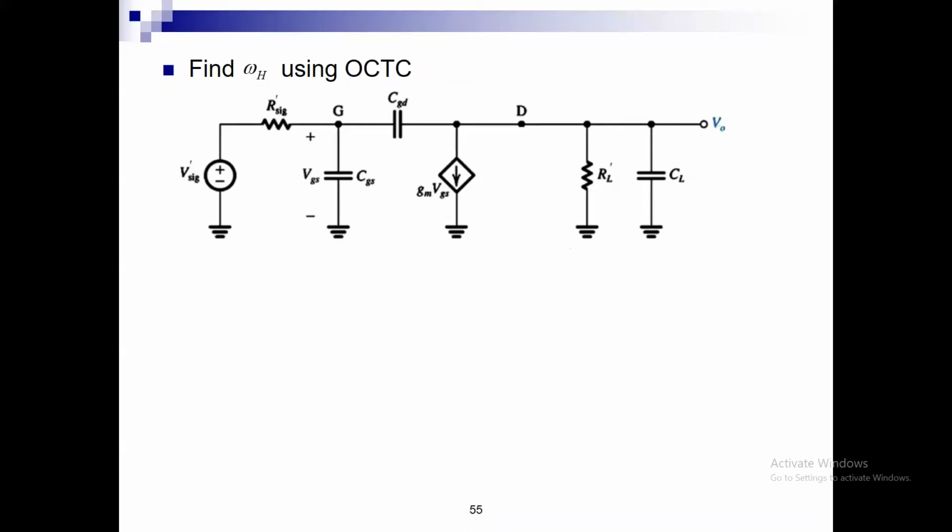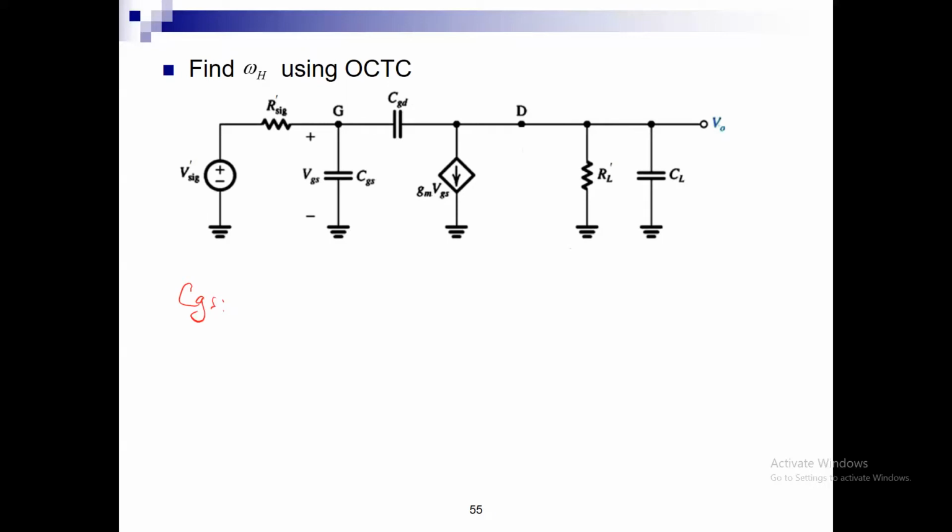So for this circuit that we have here, how many capacitors do we have? We have 3 capacitors, right? And in those 3 capacitors, we have to handle them one at a time, right? So to handle them one at a time, let us start first by CGS, because it is the simplest capacitor.